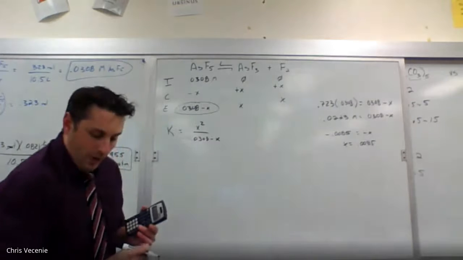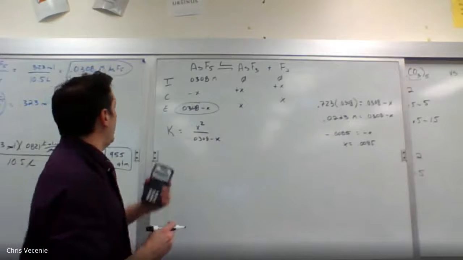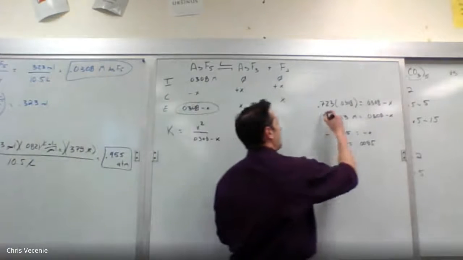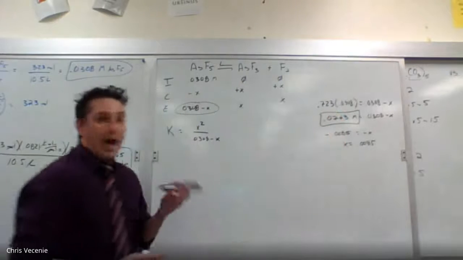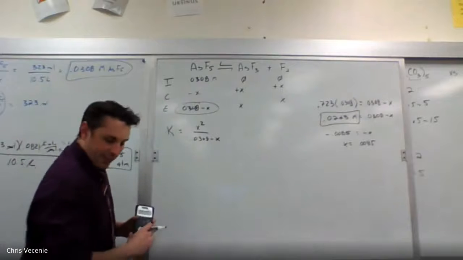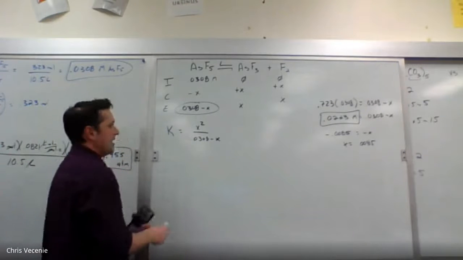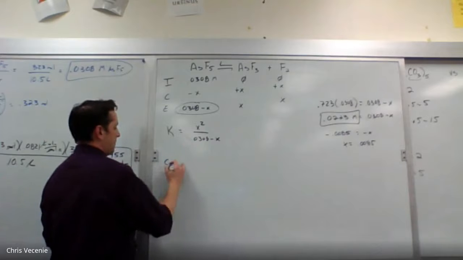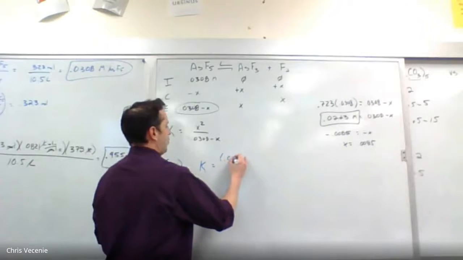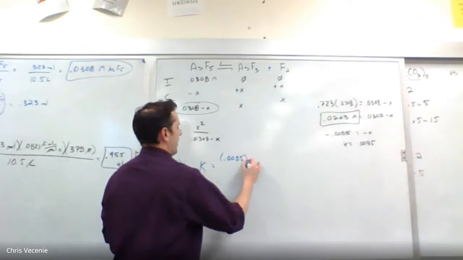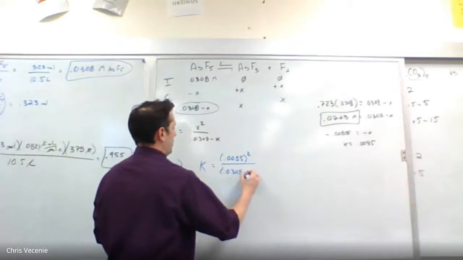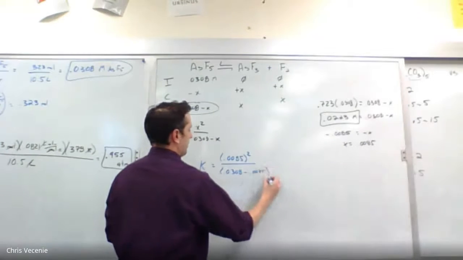All right, so that's what they wanted there. They wanted the molar concentration of the AsF5 at equilibrium. And you already got that right here. I went ahead and solved for x because sure enough, in the next question, for letter C, they want you to solve for K. So if we're going to do that, I'm going to take my 0.0085 squared over my 0.0308 minus 0.0085.